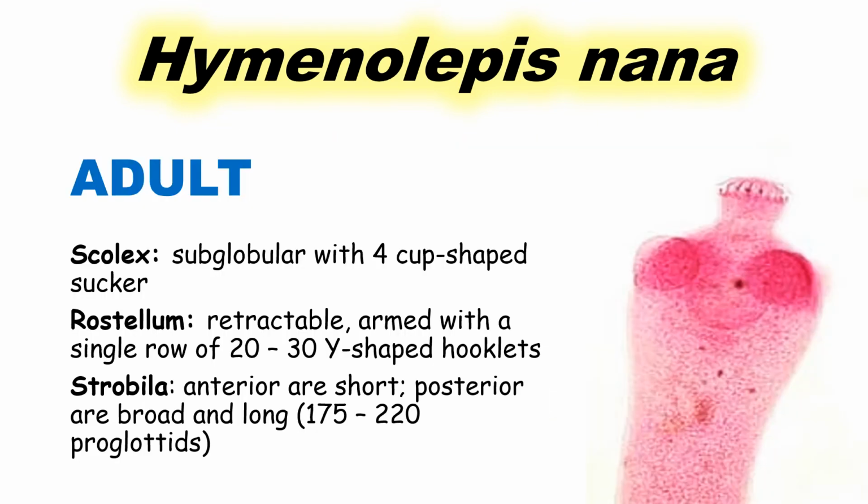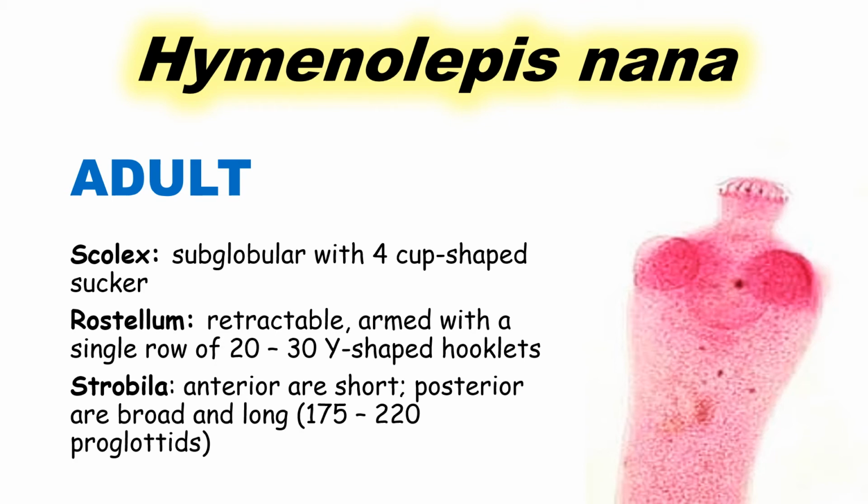So for the adults, ang scolex is subglobular or subspherical. Hindi siya muna ka-round, no? Medyo oval siya with 4 cup-shaped suckers and with rostellum containing 20 to 30 Y-shaped hooklets. Retractable ang iya rostellum, ha?